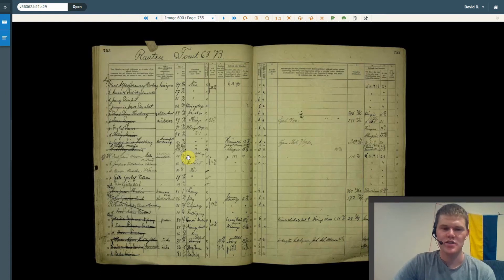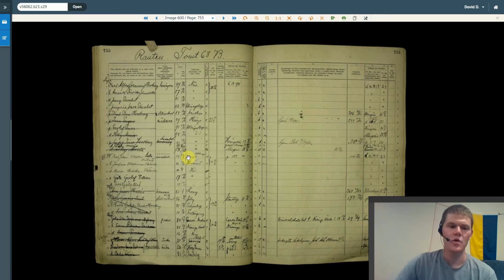So just as Gustava was written in the same book several times, sometimes it happens on the same page. And so why that might be is they might have moved out of that village and then moved back in. Or they get married and start having a family, and so the minister writes them down below.